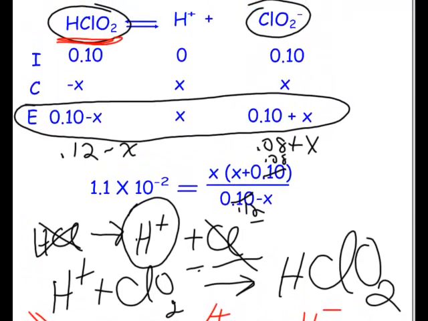So what's going to happen here is I'm going to have the exact opposite of what I had here in the black. I actually use up some of this and make some more of that. So maybe this time it's 0.08 minus X and 0.12 plus X.